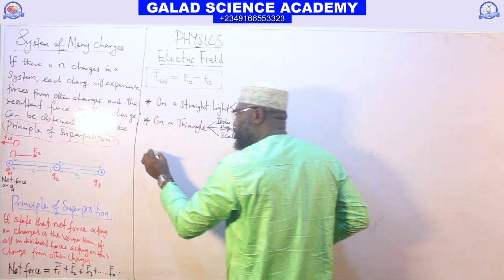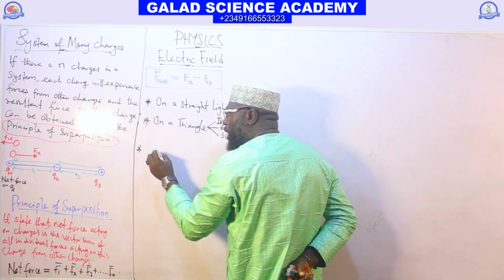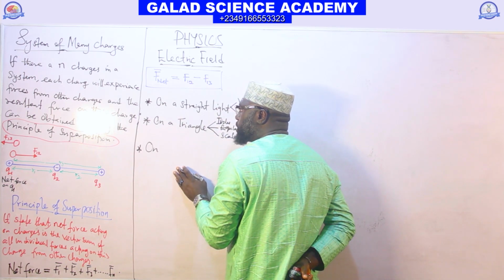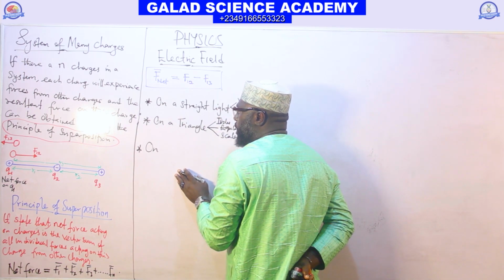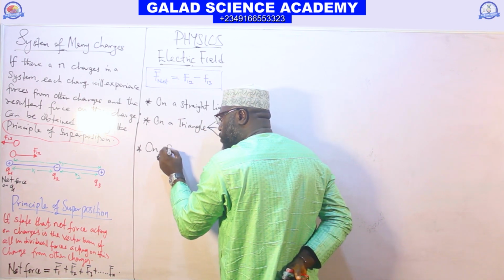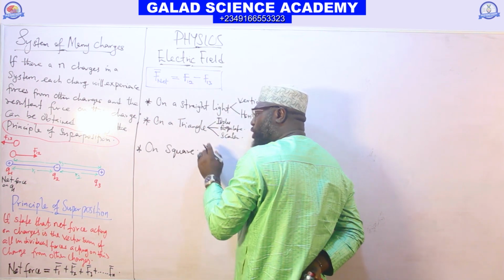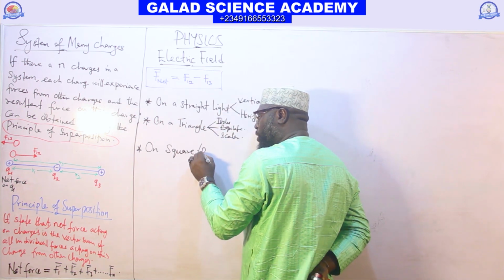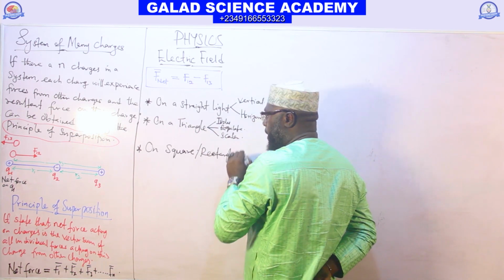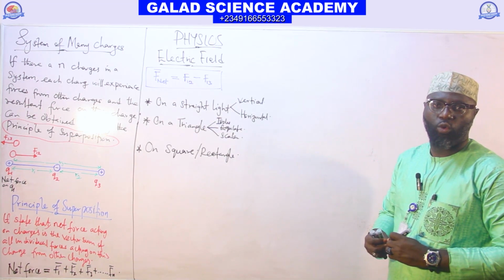And the third one is that the system of charges can also occur on a square, or we can also have it on a rectangle.